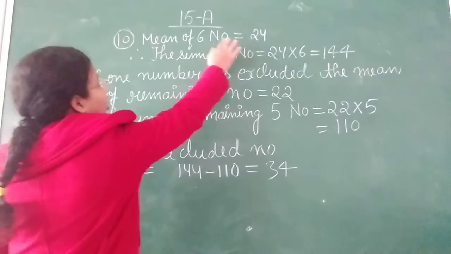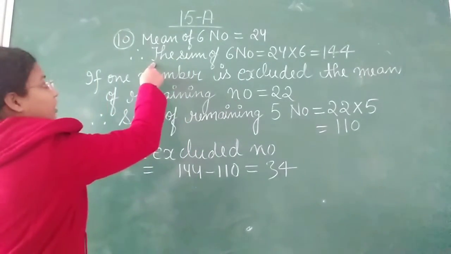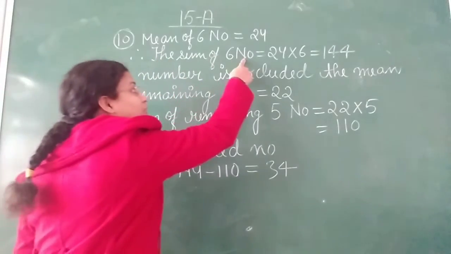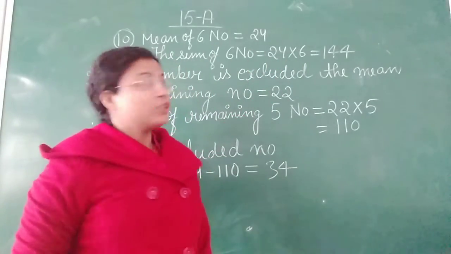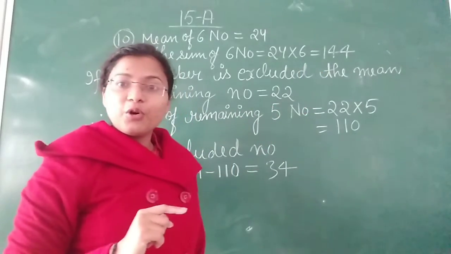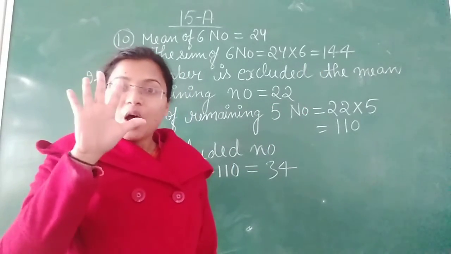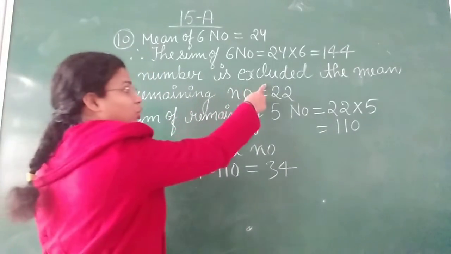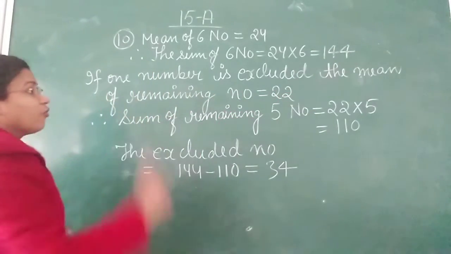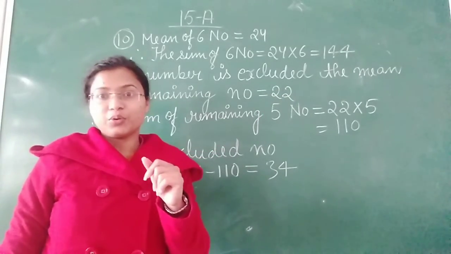Here the mean of 6 numbers is 24, so the sum of the 6 numbers will be 24 into 6, which gives you 144. If one number is excluded, we now have only 5 numbers, and the mean of the remaining numbers is 22, as already given in your question.